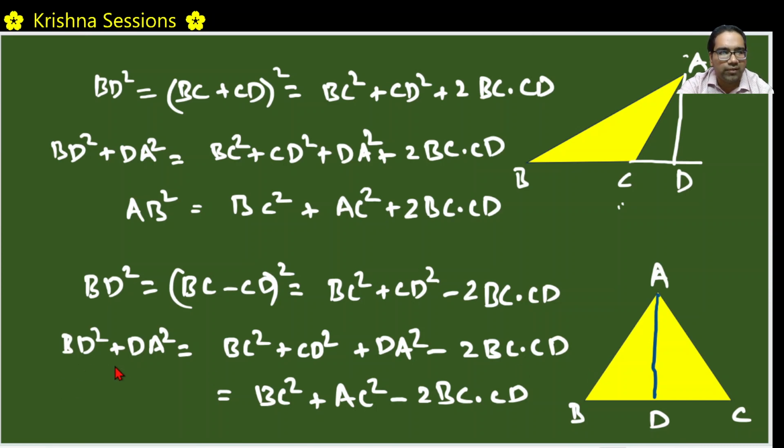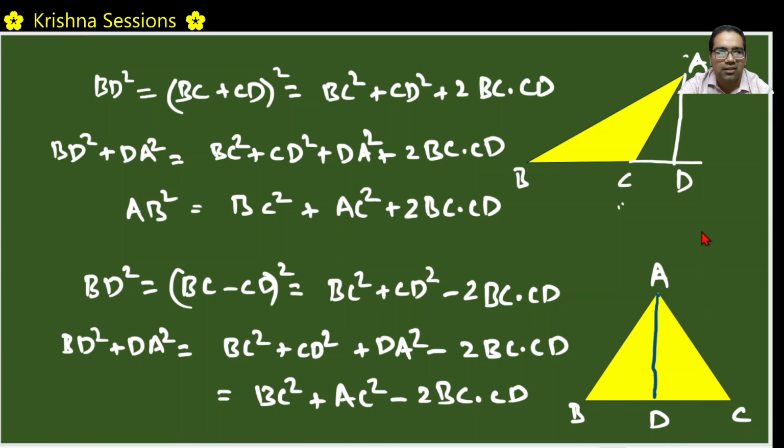So here we have to take the square of the largest side. Is it lesser than the sum of the other two? If that is the case, then every angle is acute. Because the largest side is generally opposite to the largest angle. For example, in the obtuse angle triangle, this is the largest angle, that's why this side is largest. Even in an acute angle triangle, the side opposite to the largest angle is the largest one.